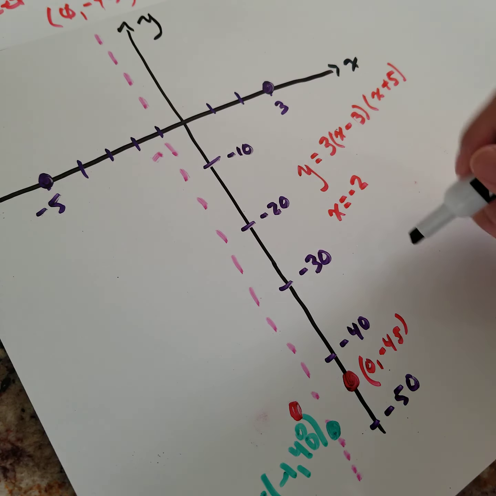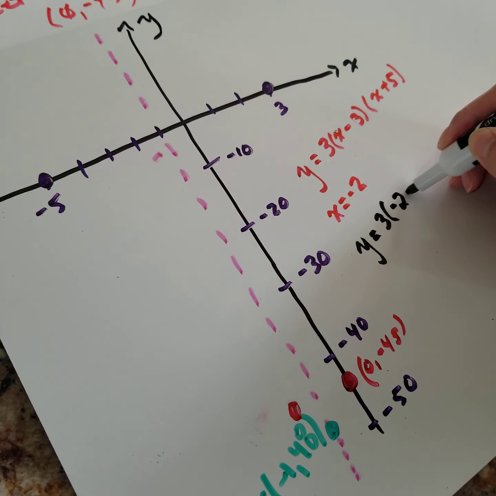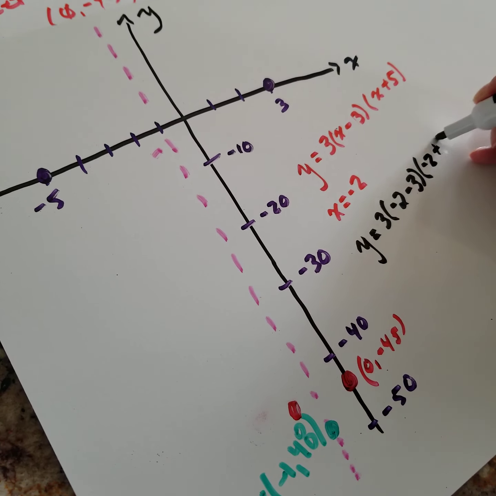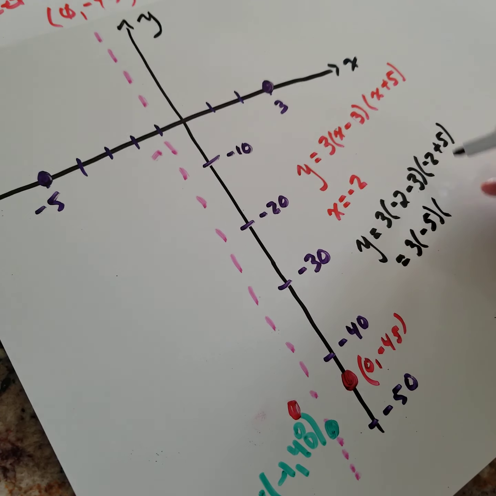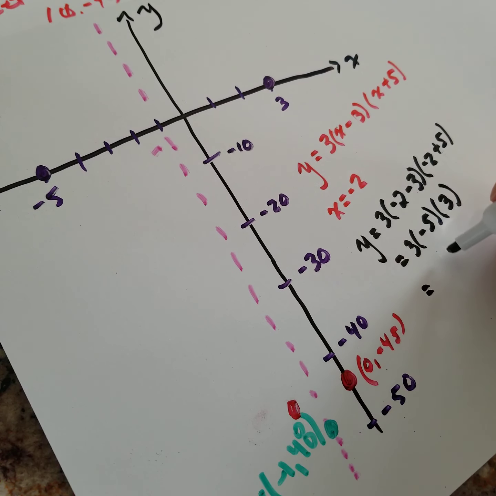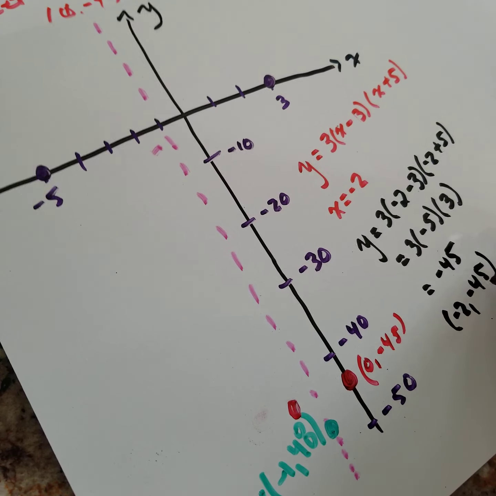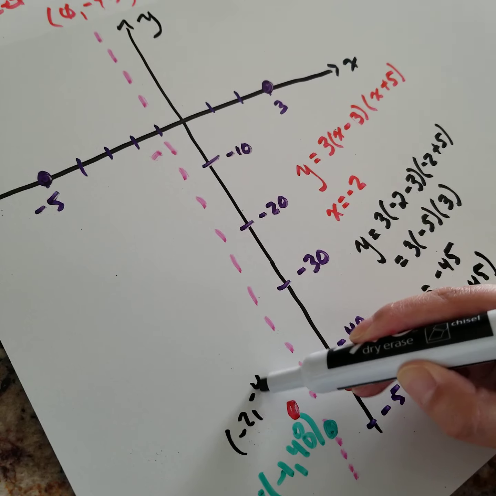So let's substitute that. y is equal to 3, I'm going to have -2 minus 3, and I'm going to have -2 plus 5. So this gives me -5, and this is going to give me +3. So 3 times 3 is 9. 9 times -5 is going to be -45. So I'm happy with this answer that at -2 and -45, this is the corresponding point that is over here. So this is -2, -45.